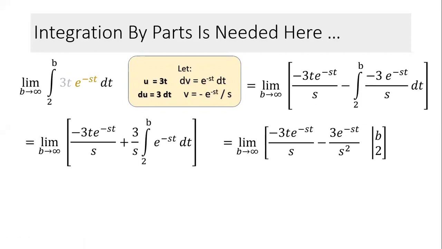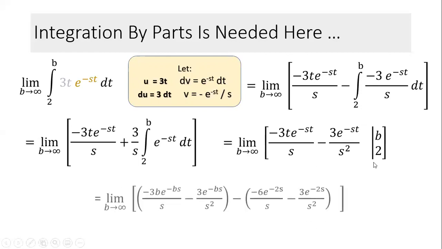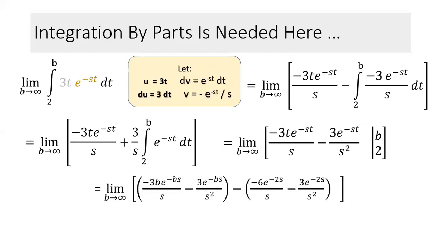Of course, we've got to evaluate it. We found the antiderivative. We must evaluate it going between 2 and b. When we substitute in t equal to b into that expression, we'll get what we see here on the left. Here it comes.